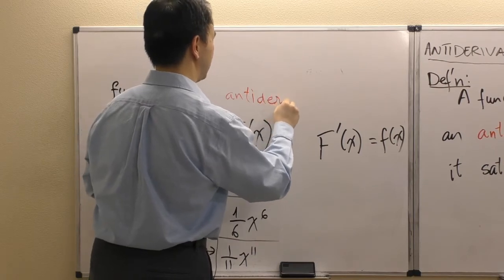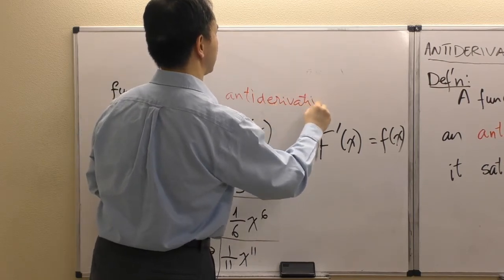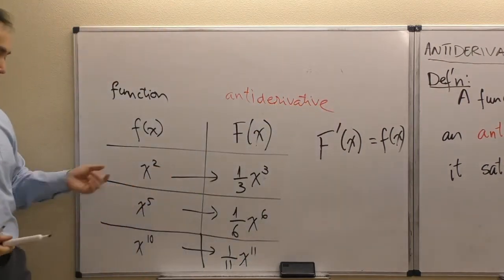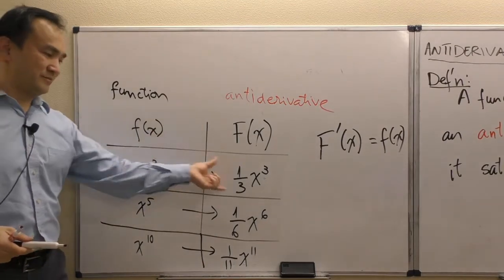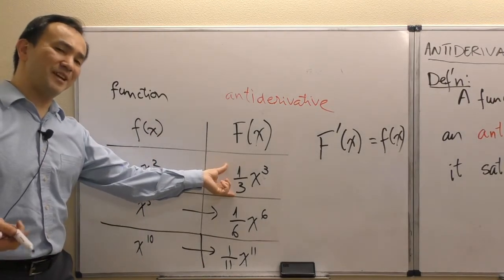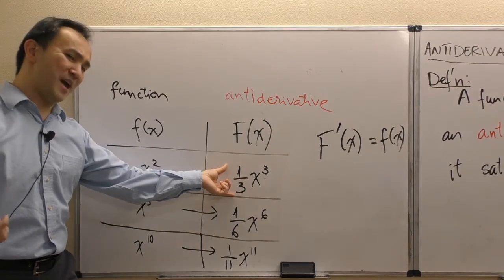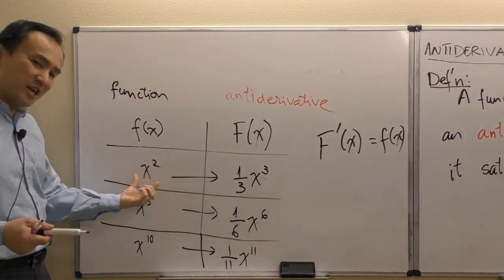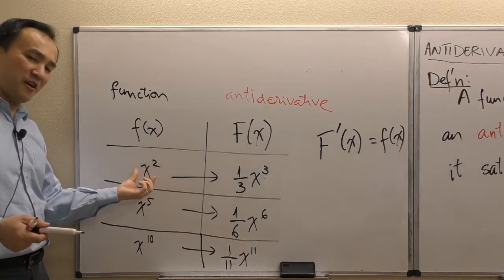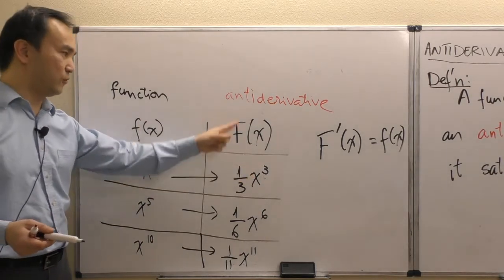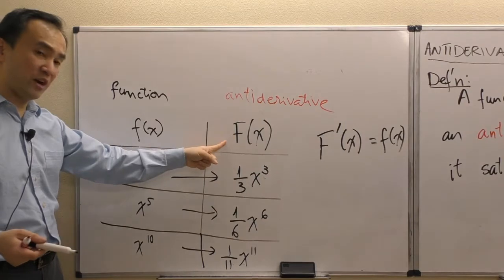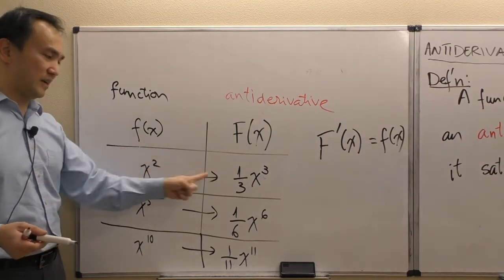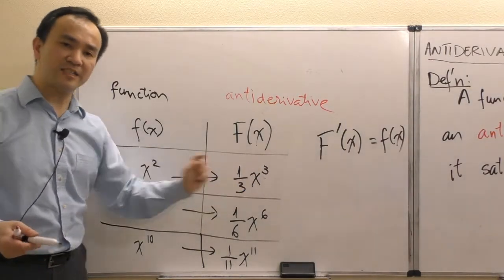Antiderivative. All right, so x squared has an antiderivative, and hear my wording carefully, I'll get back to explain that. If our function started out as an x squared function, then an antiderivative, capital F, of x squared is 1/3 x cubed.